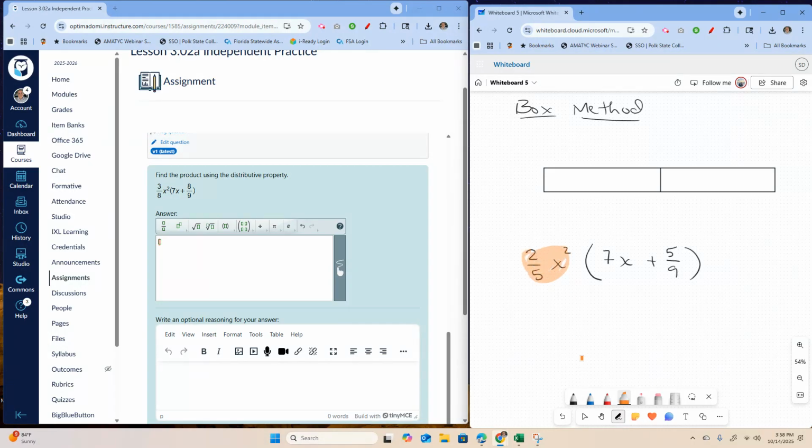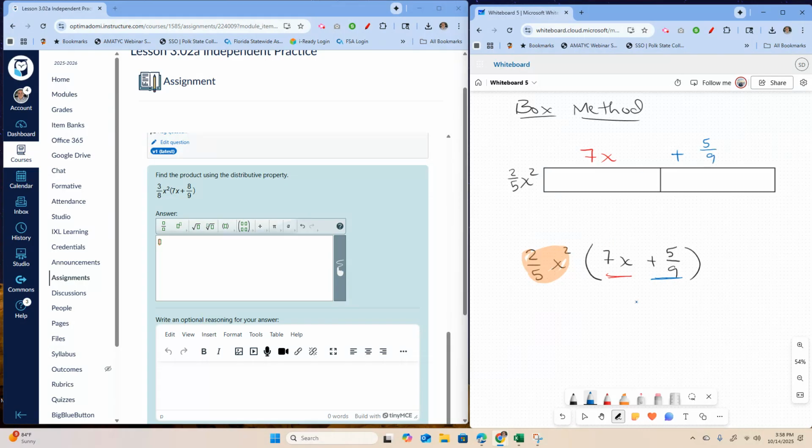That's the monomial. We're going to write it right here on the side, 2/5 x squared. Then you're going to take the 7x. That's what you're going to write on the top here, the first box. And then the plus 5/9. That's what you're going to write on the top of the second box.